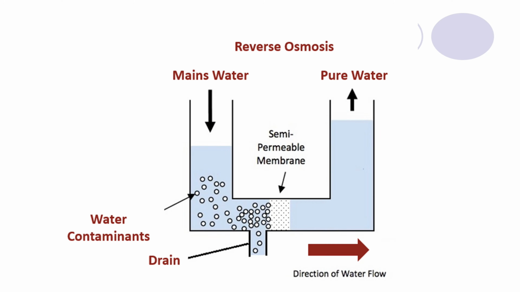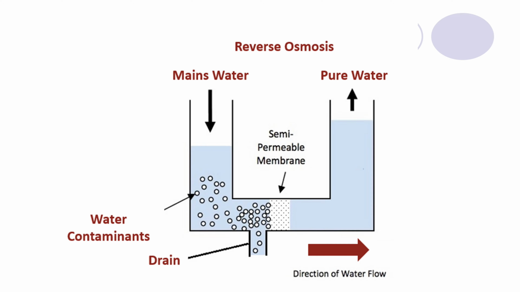What I'm going to do is start off with a really basic explanation of what reverse osmosis is. I came across this little diagram, and I think it works really well. Where it says mains water at the top left, that's the raw water coming into the system. You can see in the diagram, as it gets lower, there are some water contaminants, and then it says semi-permeable membrane at the bottom in the middle.